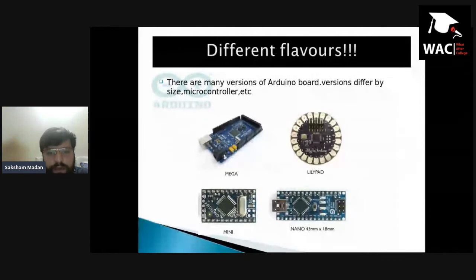So based upon the type of application, we use different Arduinos. It all depends upon what our application is and how we use this.